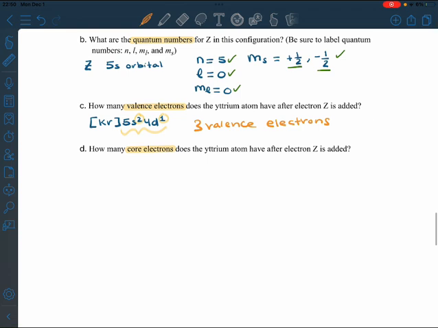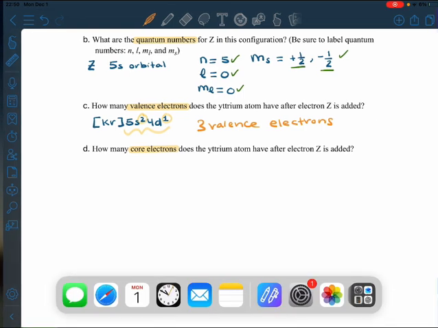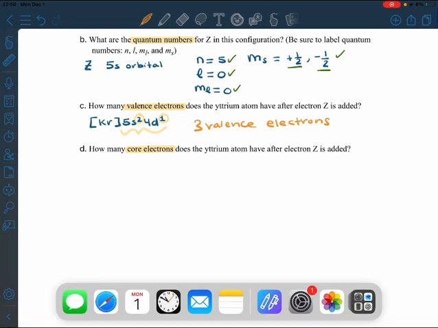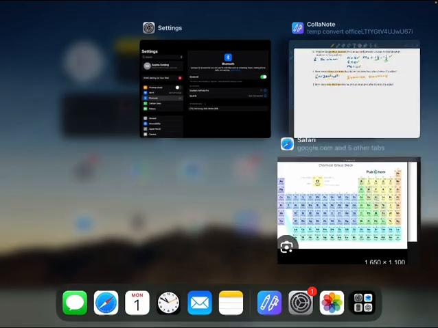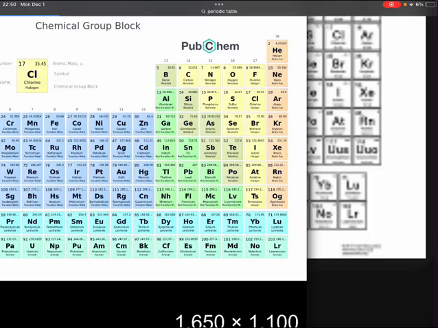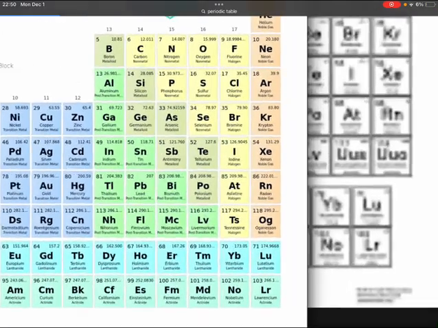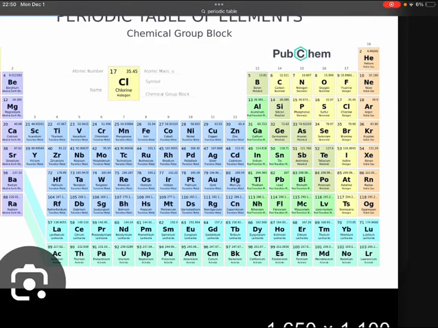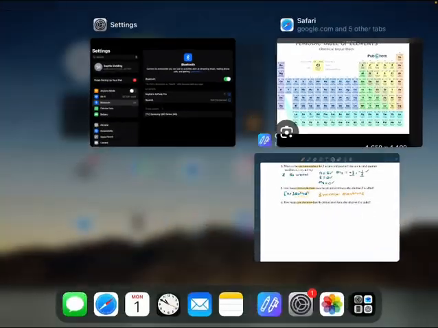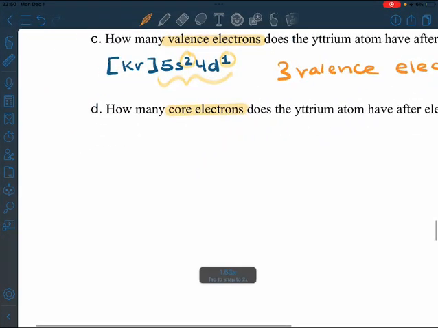And then how many core electrons does the yttrium atom have after the electron Z is added? Well, if all the electrons up to krypton are the core electrons, then we can see right there, sorry it's glitching, that would be 36 electrons. So since krypton equals 36 electrons, all of those are core electrons.